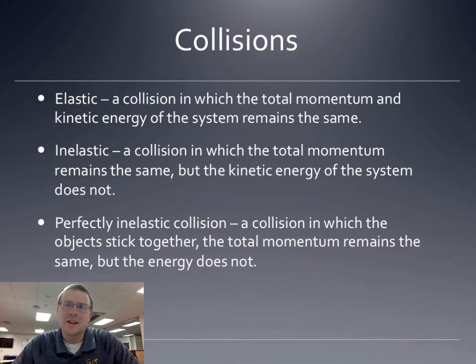And the only elastic collisions that we're pretty sure exist are between things like air molecules, that when they run into each other, they conserve both their energy and their momentum. So those are the 3 different ways you can define collisions in a homework problem. Make sure you show me that the problem is elastic or inelastic based on energy conservation.